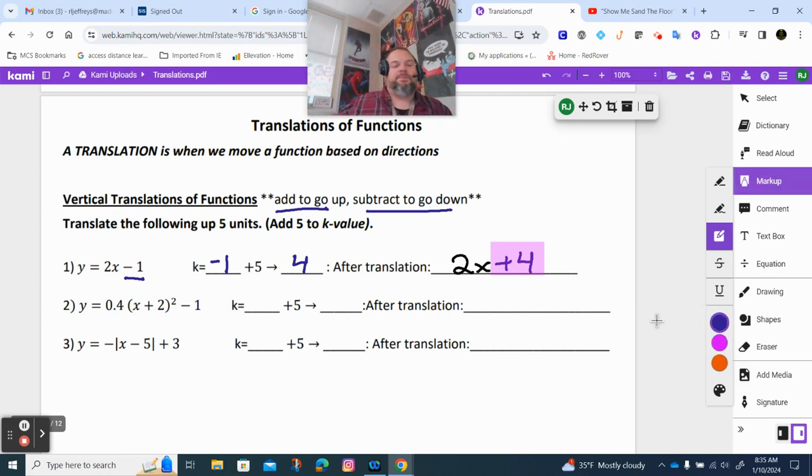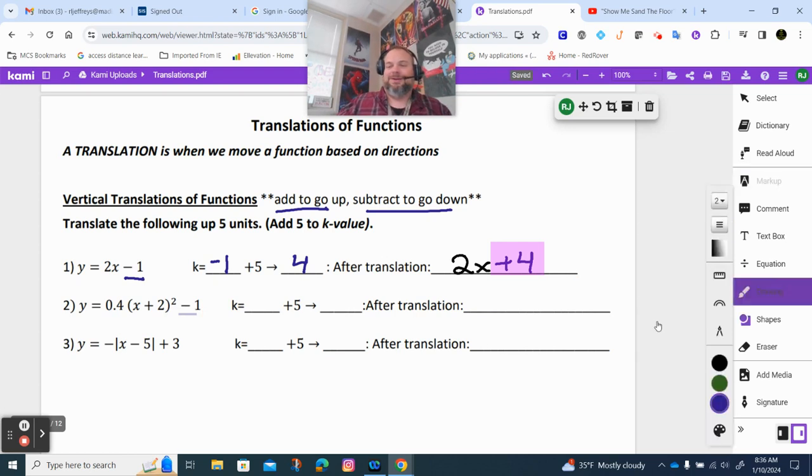Number 2. What is our K value? -1. Okay, so this is very similar to what we just did. So this would be 4. Everything else stays the same because none of this deals with vertical stuff.